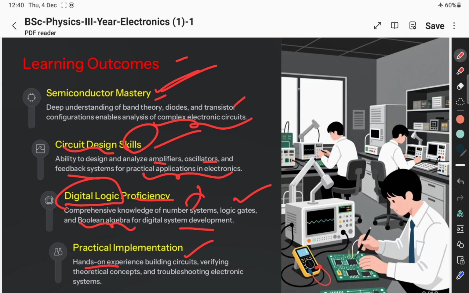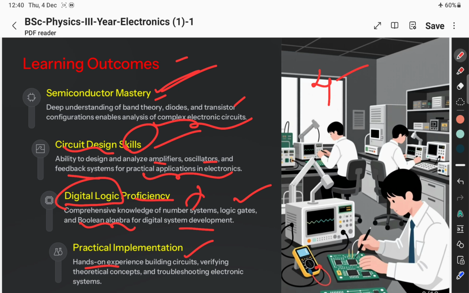There are only 4 units which are very focused and very connected to each other. These topics are very fundamental, not very advanced level. Once you understand the semiconductors, the rest can flow very naturally. The topics are very conceptual and repetitive.